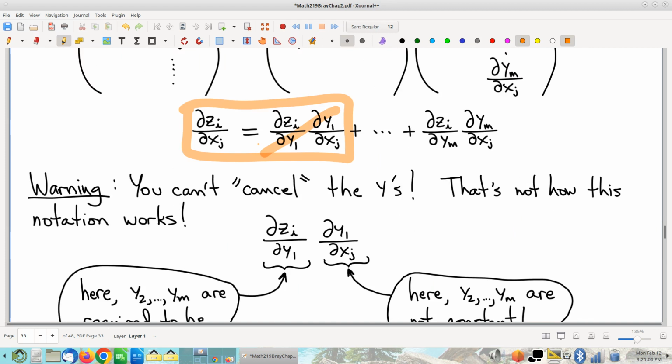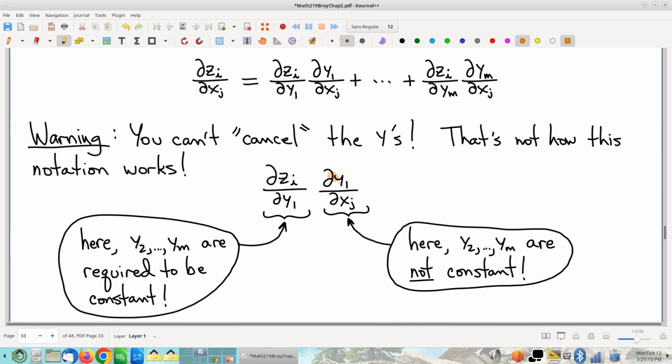Ultimately the point is this: these things here are not the same thing. They're just not. They both represent how much y1 is changing in some sense, in some context, but the contexts are different.